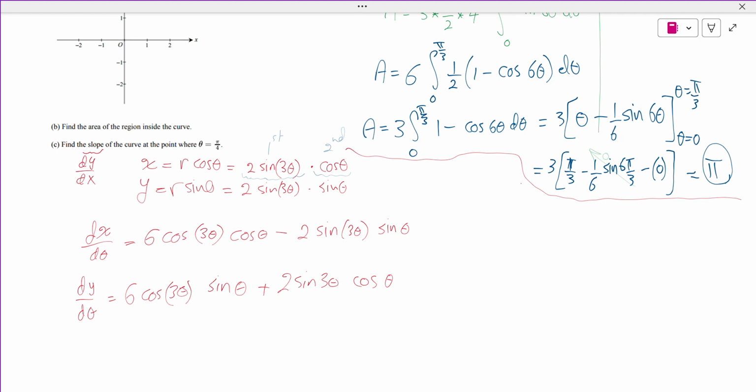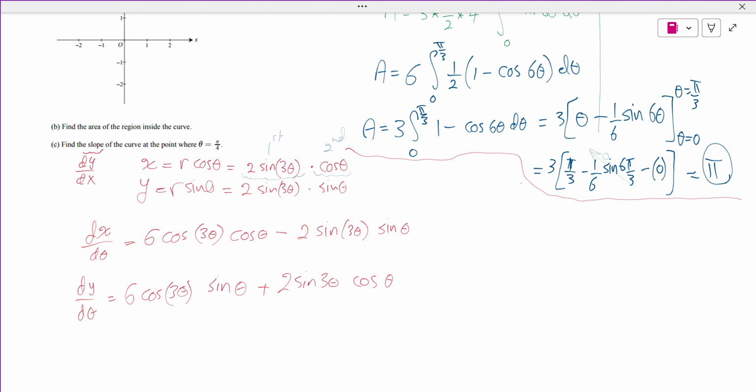Let me just double check what we have done. Differentiate the first, leave the second, plus leave the first, differentiate the second, and the second one, the derivative here is 6 cos of 3 theta, leave the second, plus leave the first, differentiate the second.